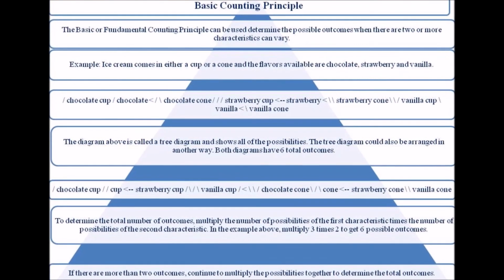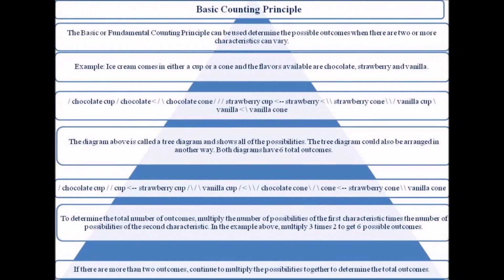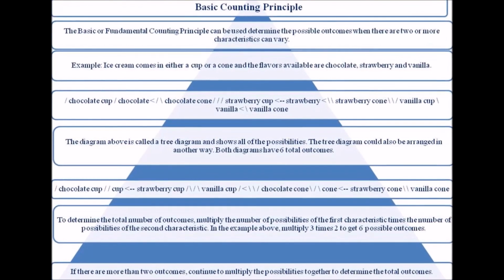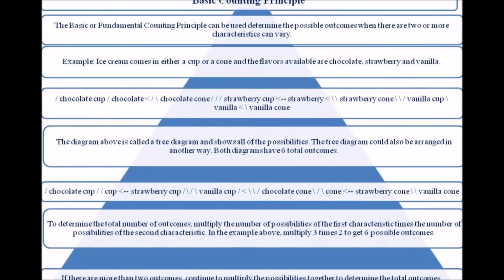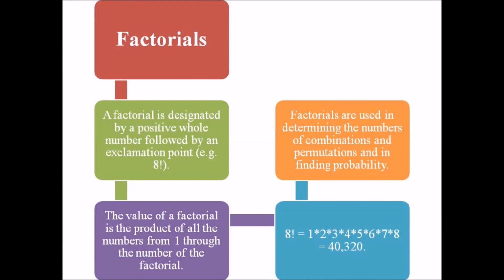Basic counting principle. The basic or fundamental counting principles can be used for determining the possible outcomes when there are two or more characteristics that can vary. Factorial is designated by a positive whole number followed by an exclamation point.